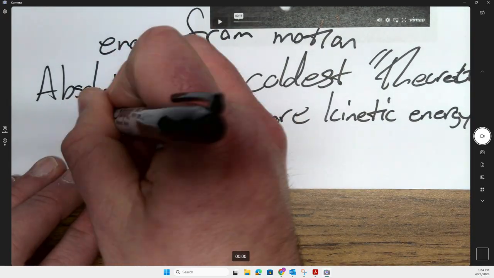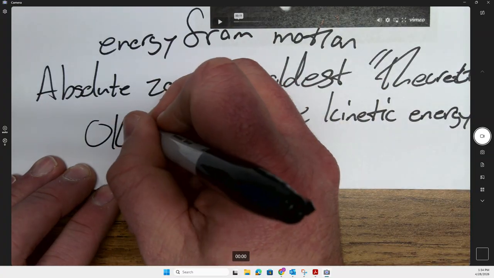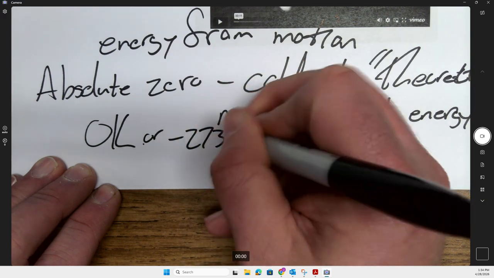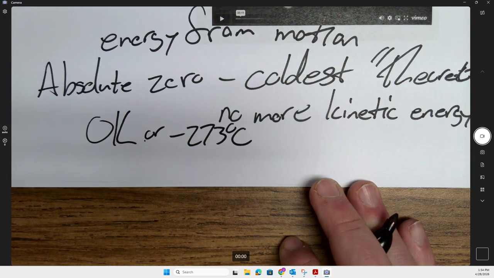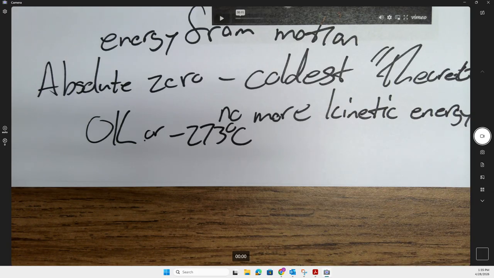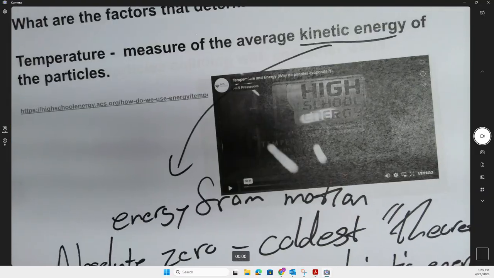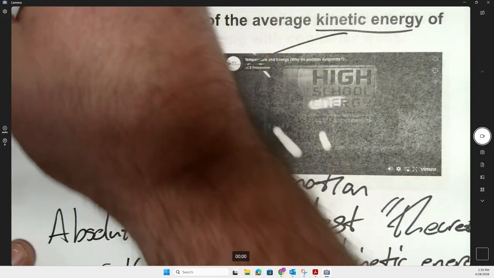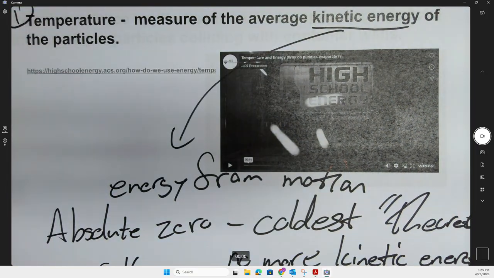Absolute zero is 0 Kelvin or negative 273 degrees Celsius. That is absolute zero. The coldest something could possibly be, theoretically, is 0 Kelvin. Temperature is my first one.